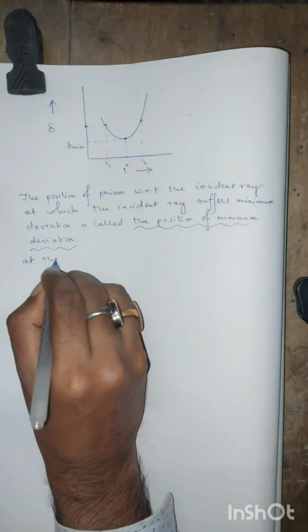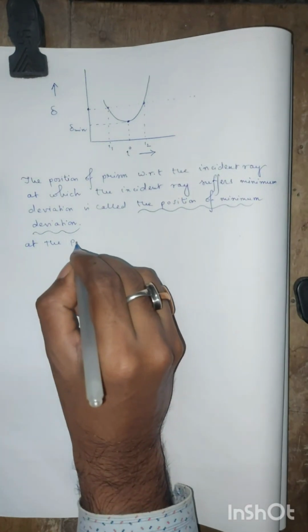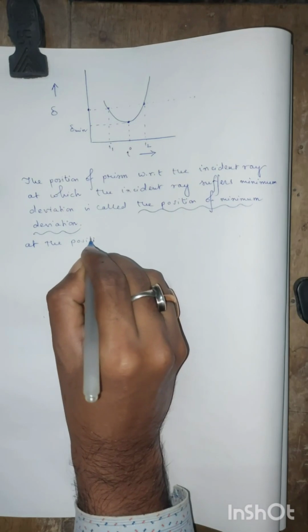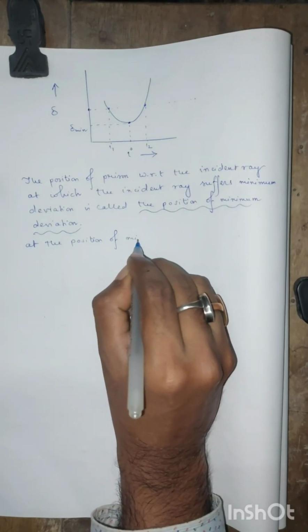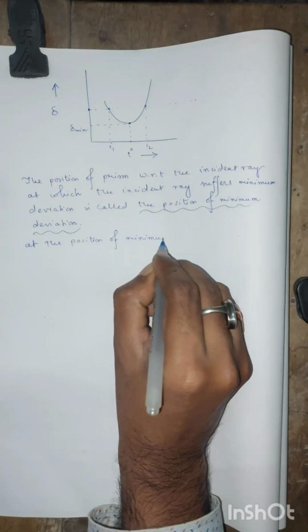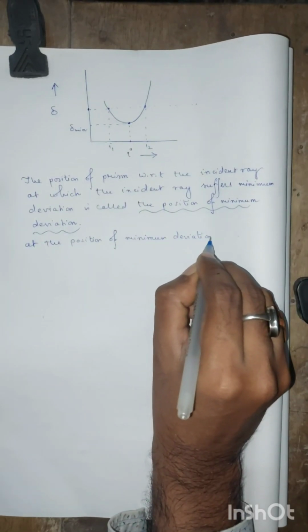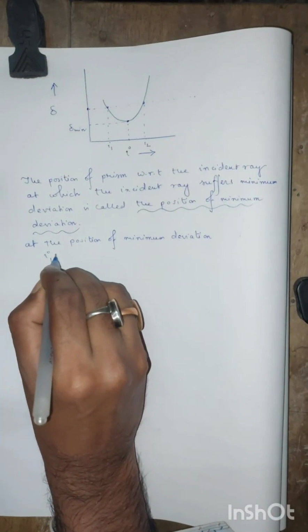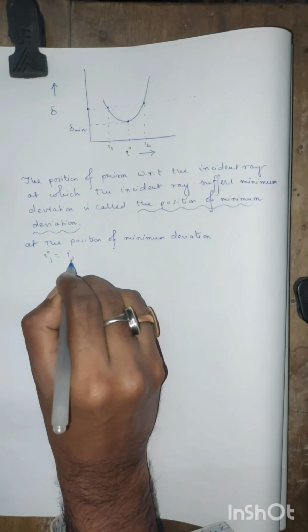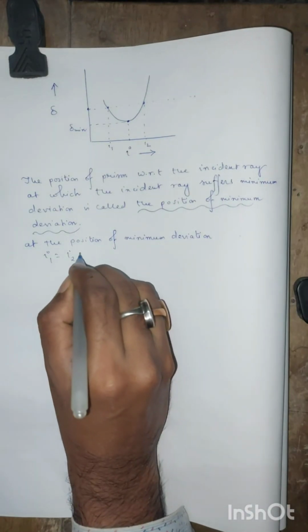At the position of minimum deviation, the angle of incidence, that is I1, is equal to the angle of emergence, that is I2, and these two angles are equal.